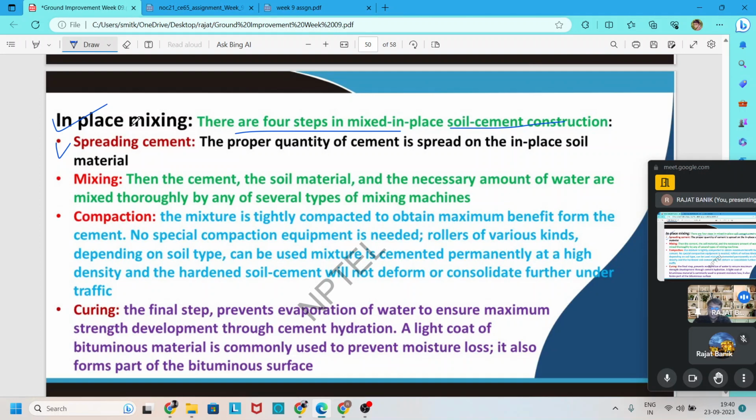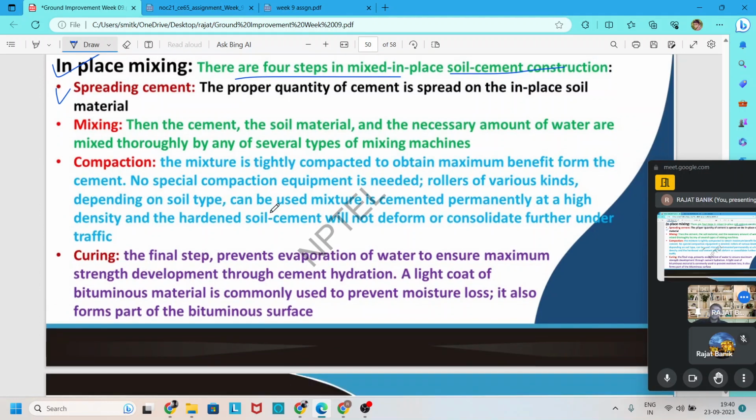So curing is required for cement hydration and maximum strength development, and a light coat of bituminous material is applied over the soil to prevent evaporation. In this four-step way, we apply the cement on the ground to stabilize it.